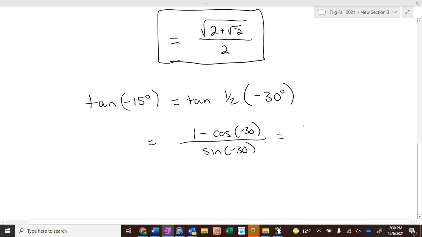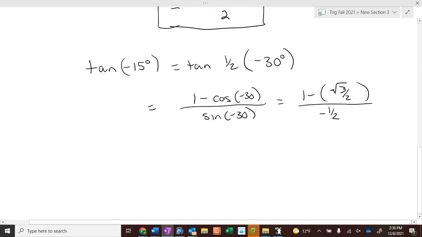What's the cosine of negative 30 degrees? Positive square root of 3 over 2. The denominator is negative 1/2 because we're going negative 30 degrees. So it's really at 330 degrees on your unit circle.